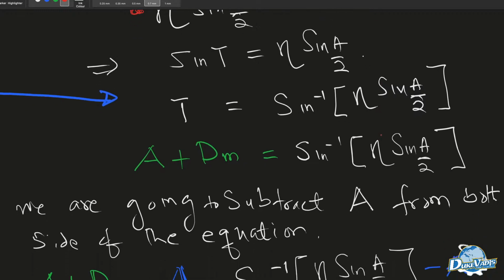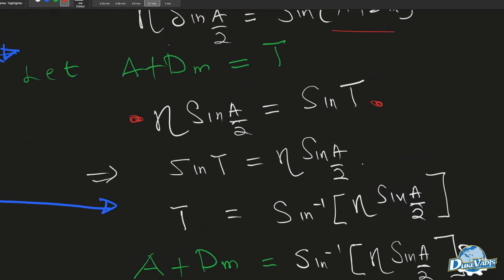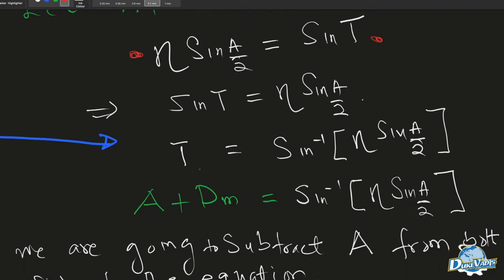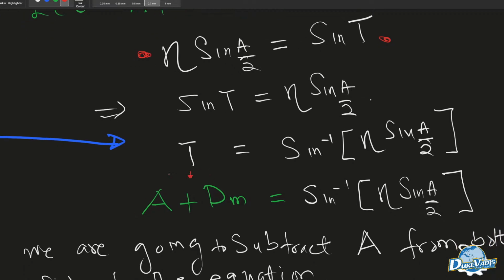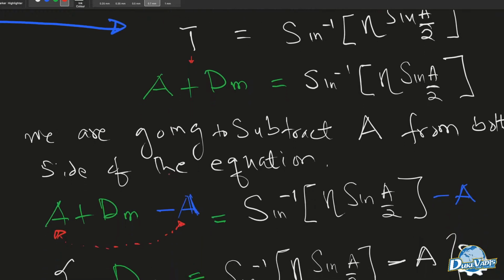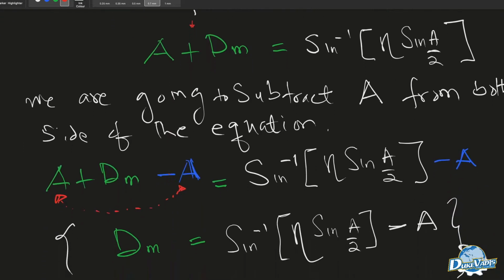Then after that, I brought the A plus D subscript M, which is equal to T, back into the equation, to denote the T we put here. Now we are getting closer to our destination. So A plus D subscript M is equal to sine inverse of that.